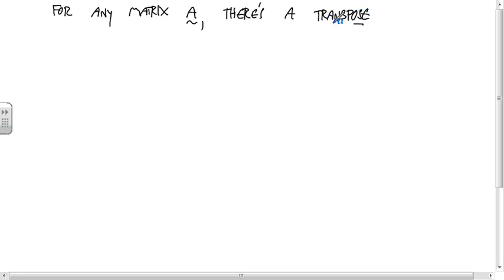For any matrix A, there's a transpose called A with T up like an exponent.